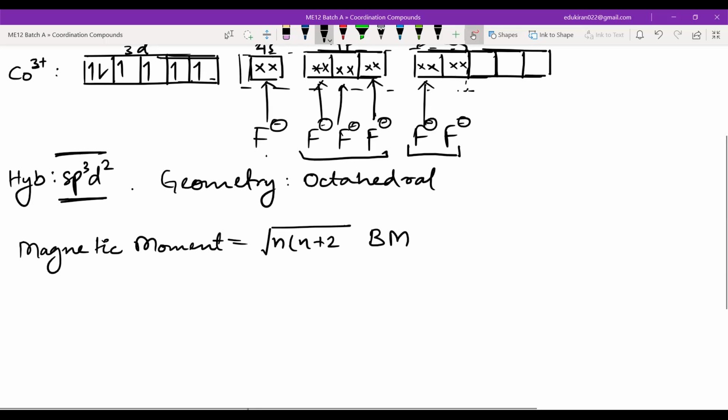No problem. Please write this formula, where n is the number of unpaired electrons.